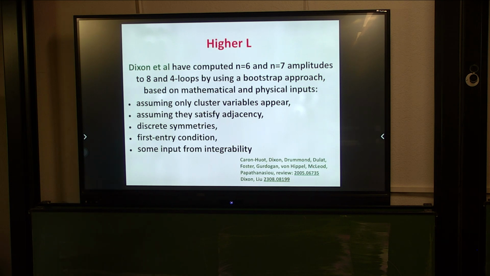And of course, I'm sure from Lance's talks, they were able to compute 6 and 7 point amplitudes to 8 and 4 loops. It's very important that they start with the alphabet of just these cluster variables, then they assume various physical conditions, find unique solutions, and I didn't specify all the details, but for high L, I think this is the highest loop ever, probably, of an actual amplitude computation. So it's very, very impressive work.